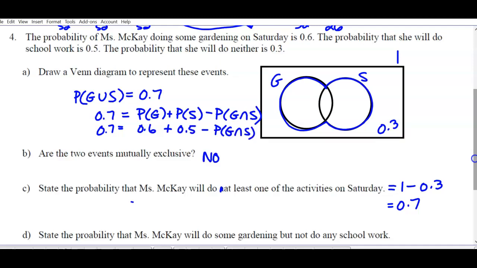So this is using a formula. You can do it in your head, right? We know this amount is 0.7. We know the total of 0.5 and 0.6 is 1.1. So subtract them. If I bring this over here and bring this to the right, that's going to be 1.1 minus 0.7, and that's equal to 0.4.